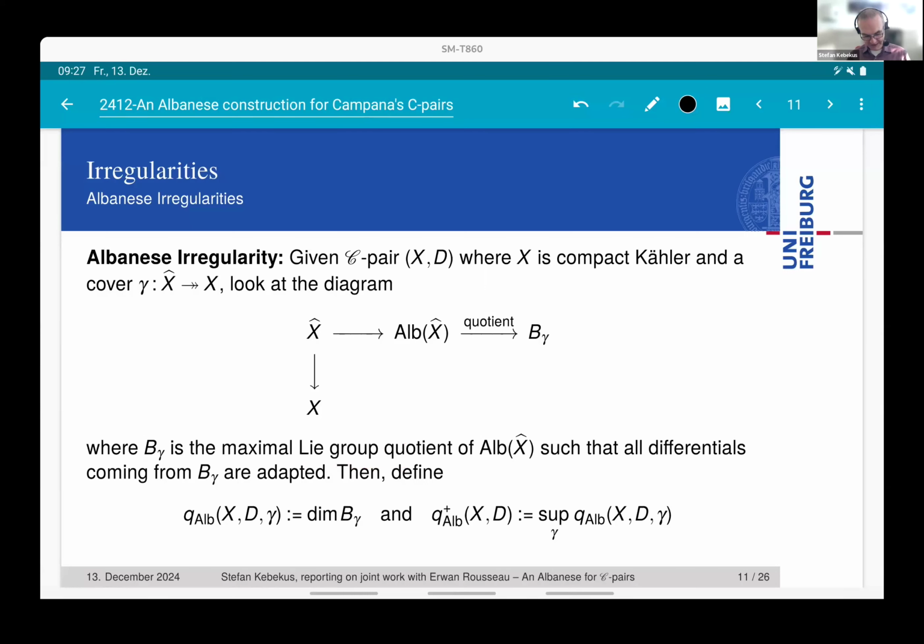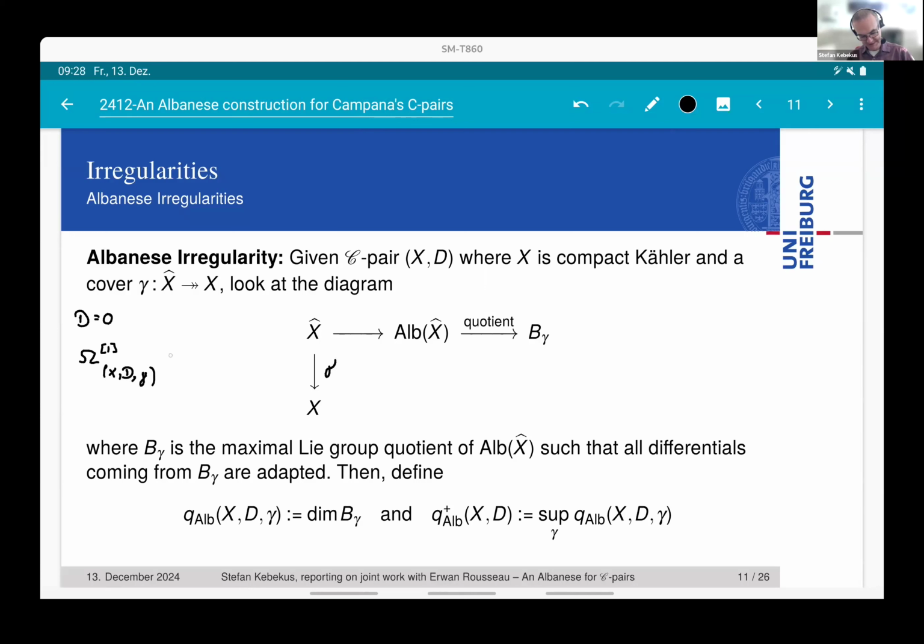So this is interesting already in the simplest case where D equals 0, and then I have my omega 1 X, d gamma.